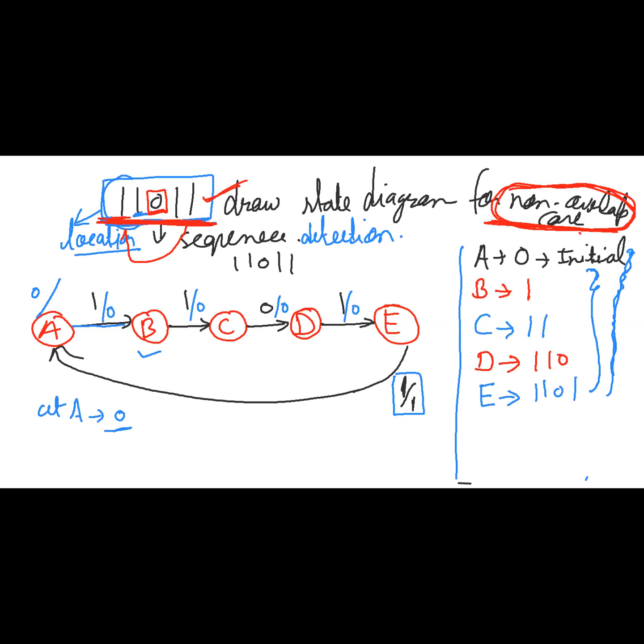Next, I mentioned A. So if A is 0, where will it go? Loop, itself. So if you choose the 1 path, you will reach B. But if you go to the 0 path, you will come back at A. Got it? Yes.